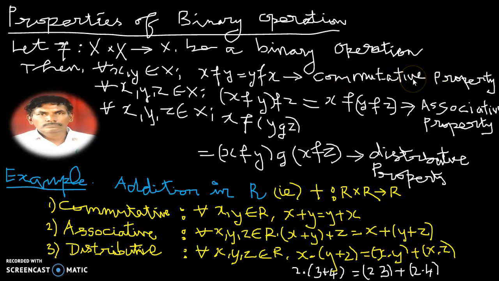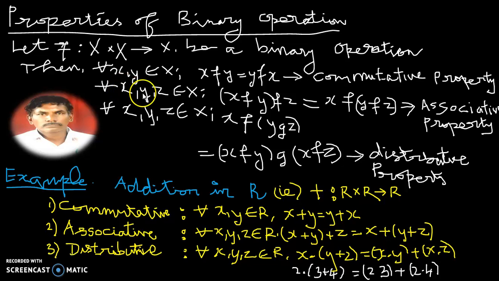Now coming to the second property, we call it the associative property. It is connected with the association of the elements in different ways while the equality is maintained.